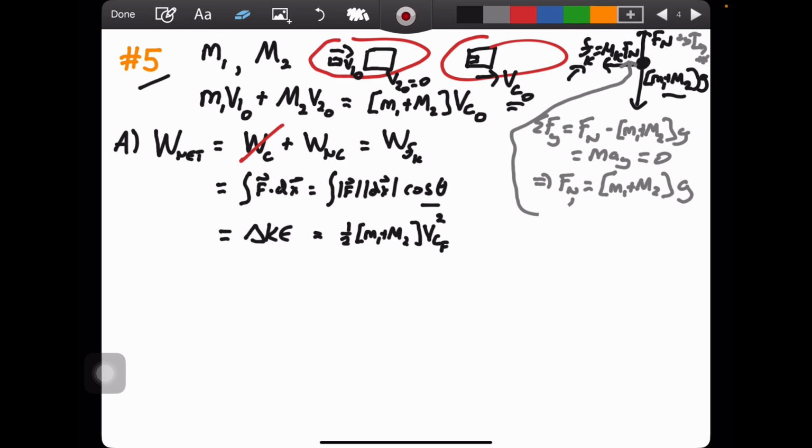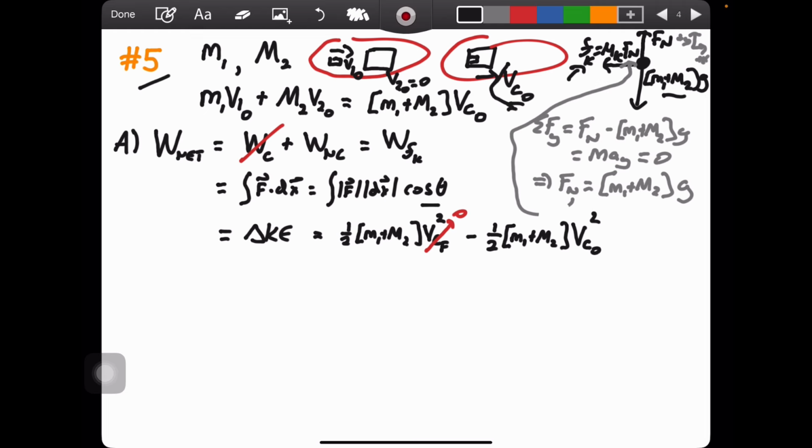So I can tell you already that we've got a simplification because that term is 0. And when you're talking about change, you're talking about final minus initial. So the initial, when the bullet embeds itself into the block, is 1/2 (M1 plus M2) V combined initial squared.